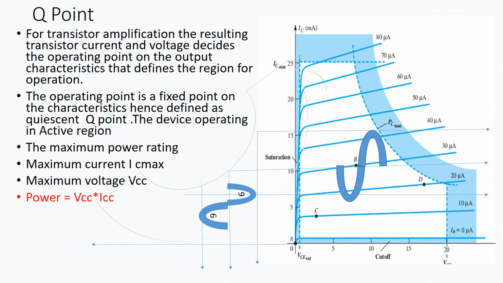So the Q point, here we see the various locations of the Q point. This one is mostly closer to your saturation region. This is slightly away from the active region. So now where does this point lie? If not in active region, not in saturation region, definitely it is lying in the cutoff region.